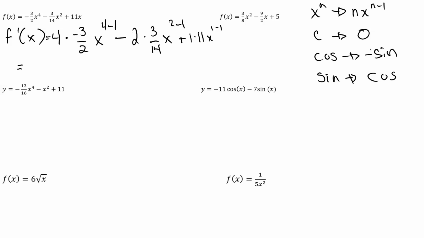So 4 times negative 3/2 is negative 6, x to the 4 minus 1 is 3. Then over here we've got 2 and 14 reduces to 7, so negative 3/7 x, and then 1 times 11 is 11, x to the 0 is 1, so 11.